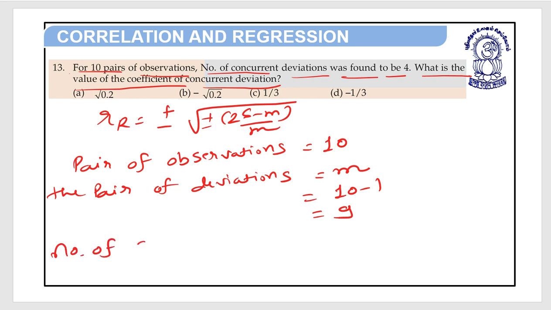Number of concurrent deviations, c, is equal to 4. So here it is RC, not RR.